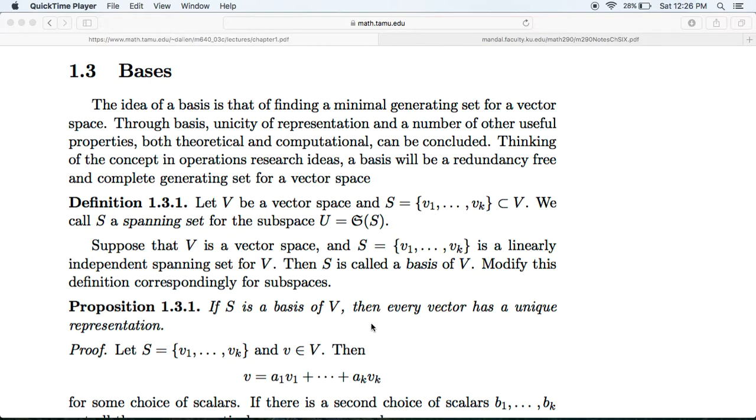This means that if S is a basis, then every vector has a unique representation.